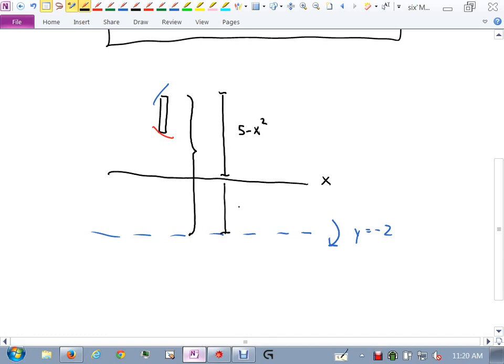Not -2, right? +2, because it's a distance. So that'll be that one. And then the inner radius from here to here, we knew from here to here was x squared minus 2x plus 1. And then again, this distance from here to here is 2.